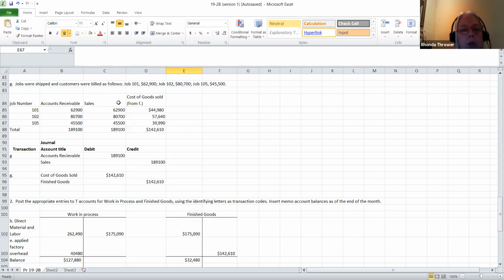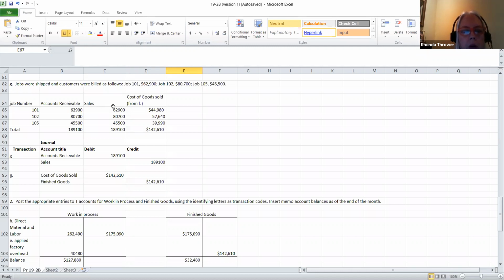We also have got to record our cost of these jobs, and the cost of goods sold is going to come from transaction F. Let me back up for just a moment. I skipped the sales. When you bill a customer, you're debiting your accounts receivable, but you're also crediting your sales for the amount that was billed.